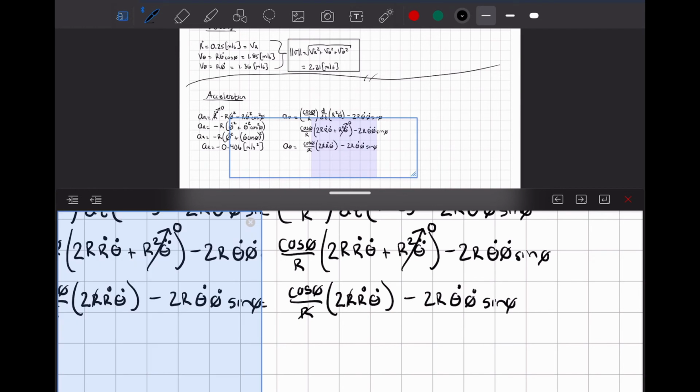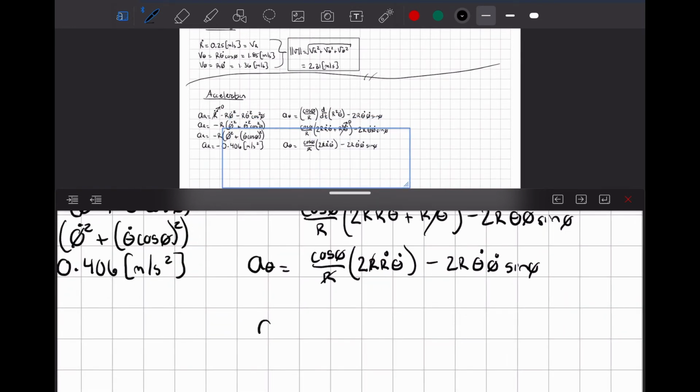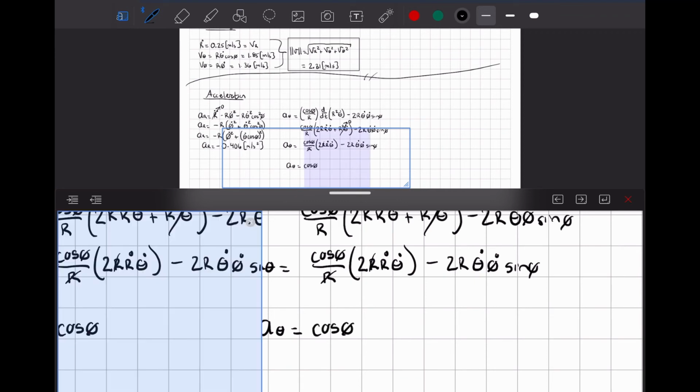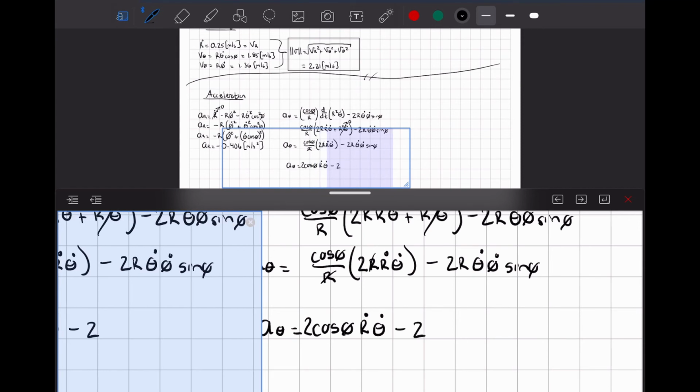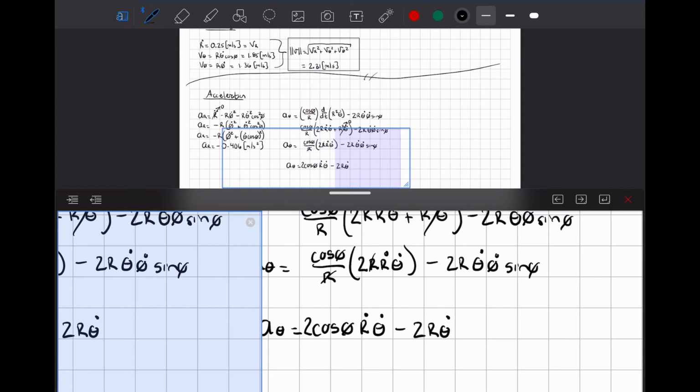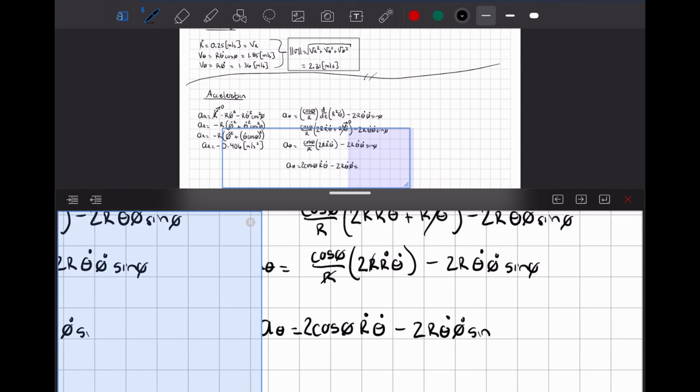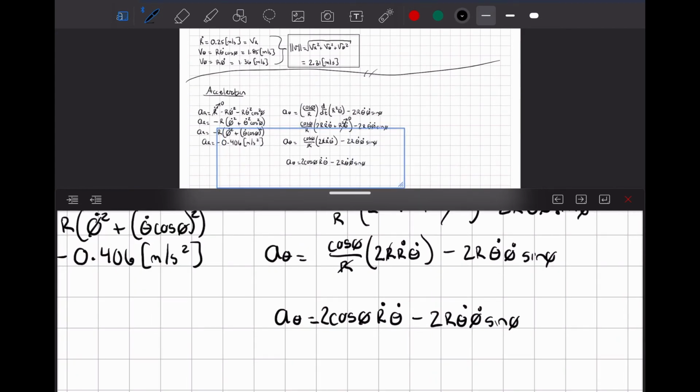These r's are going to cancel out. A theta is just going to be equal to cosine phi. I'll bring the 2 out in front. R dot theta dot minus 2r theta dot phi dot sine phi. And now it's just plug and chug.